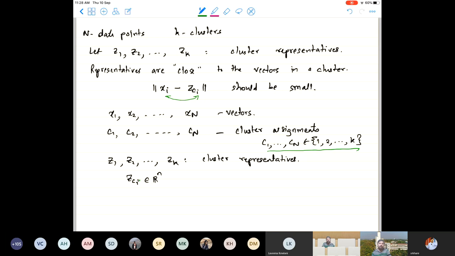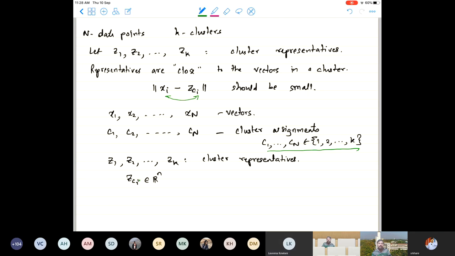C1 is a number between 1 and K. C1 is not the cluster; C1 is only a number.